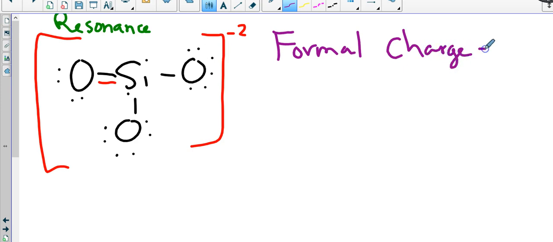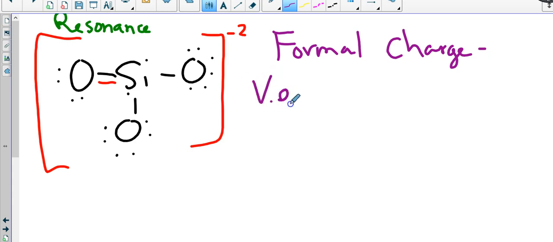So formal charge is where you figure out the charge on each atom. In this case, I would find the formal charge on silicon, this oxygen, and that oxygen, all the oxygens. The formula for it is very complicated. This is a Freeman original right here, but it works and it's easy.